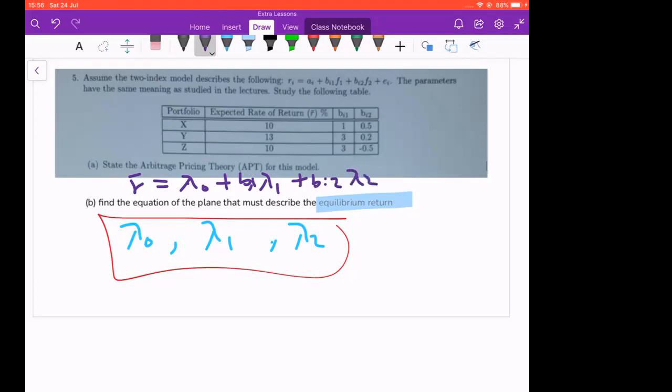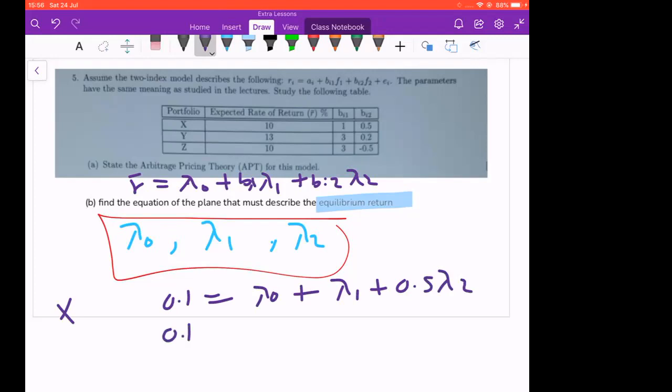If this is the case, you do the same thing. You're going to have the returns of 3 assets. For X the return is 10%, 0.1, lambda 0, factor 1 is going to be 1 lambda 1, and 0.5 lambda 2.